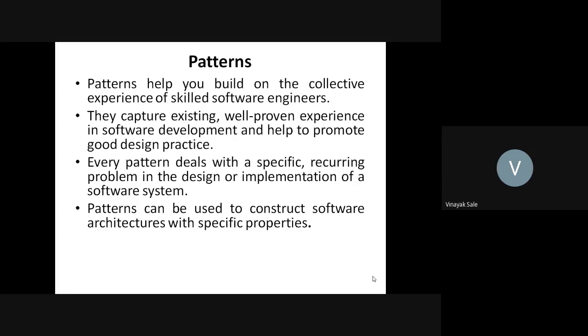Every pattern deals with a specific recurring problem in the design or implementation of a software system. Patterns can be used to construct software architectures with specific properties.